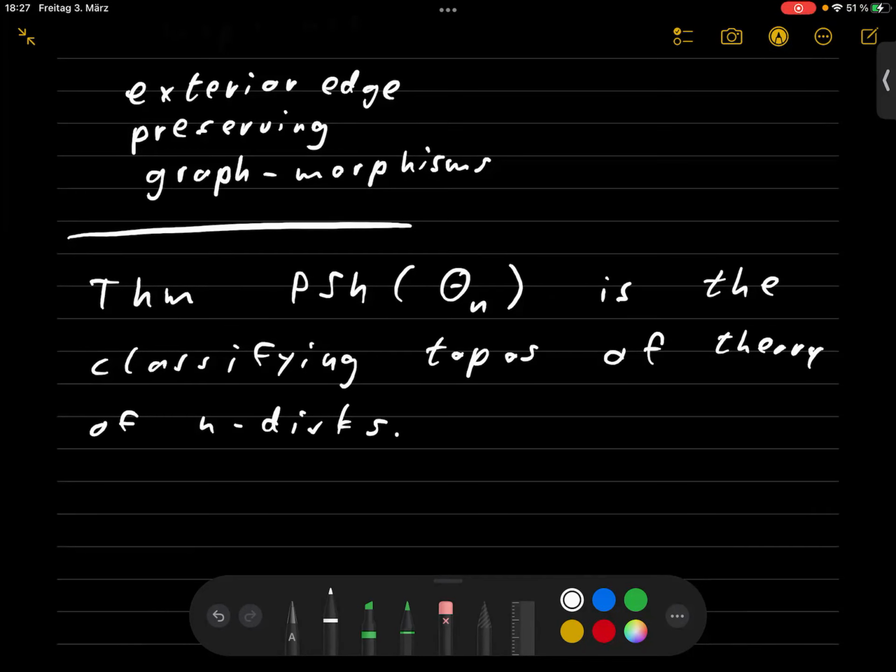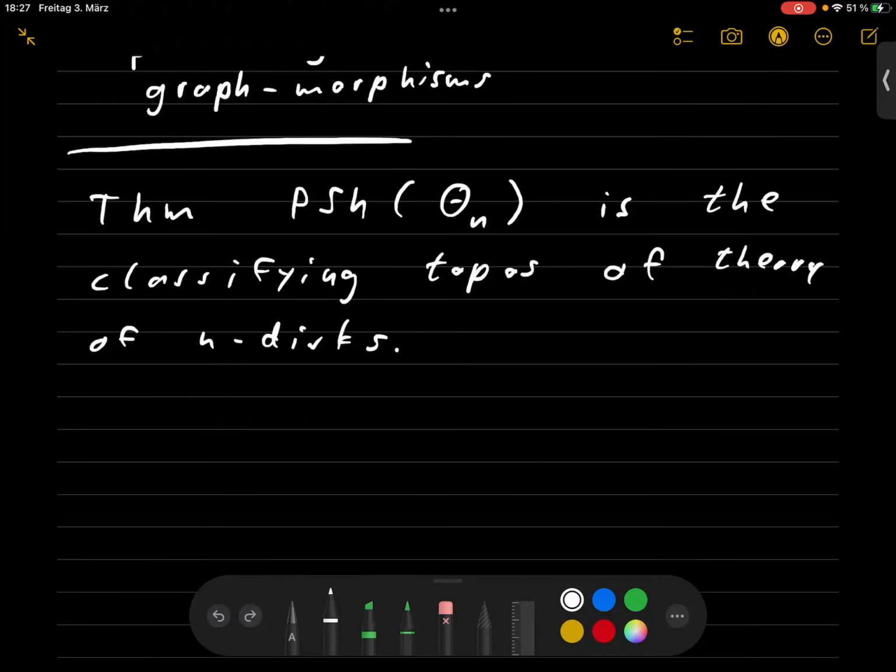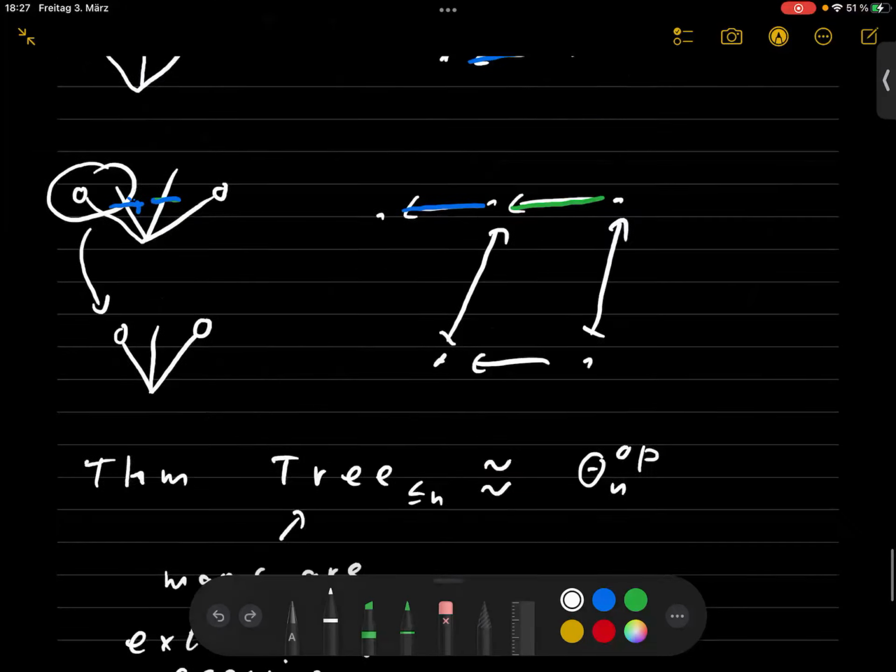And maybe it is in order here to define this again. So what's a classifying topos? We already defined a bit what it means that a structure is a model of a theory in the topos, but I only hinted at it.